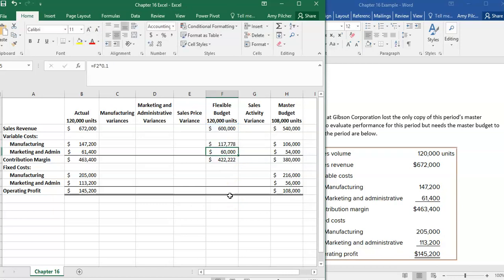That gives us $117,778 in variable manufacturing costs for our flexible budget. Fixed costs in the flexible budget are identical to the fixed costs in the master budget.